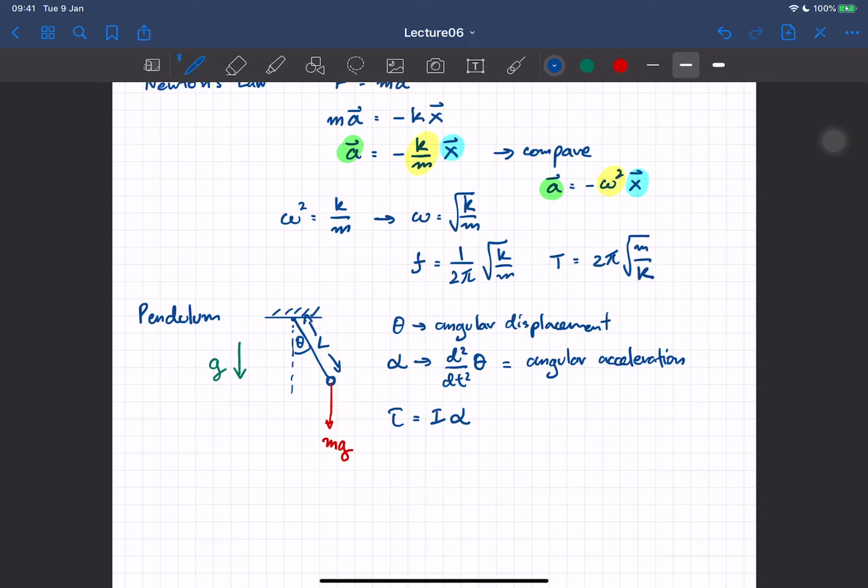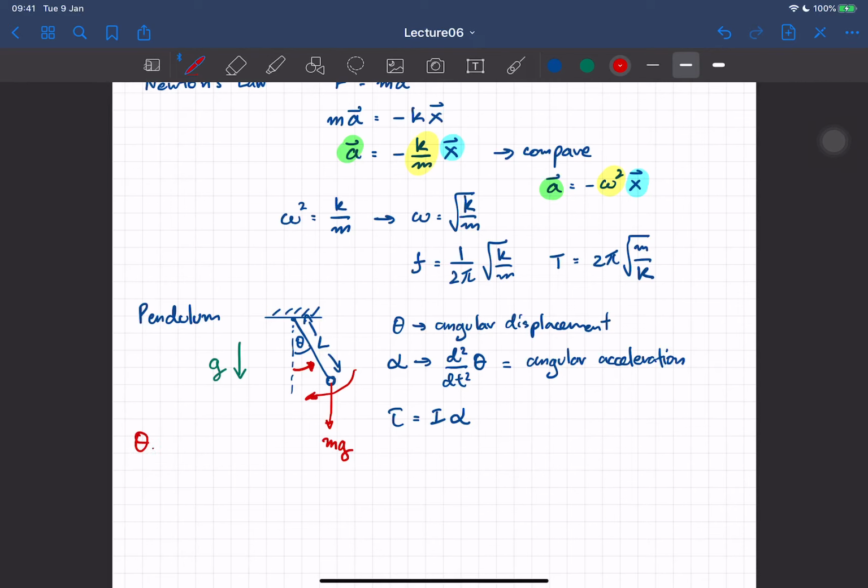One thing that you can see is that if the angle is going that way, meaning counterclockwise, so the angle is rotated this way, the torque is trying to rotate it back. So I write it down here.